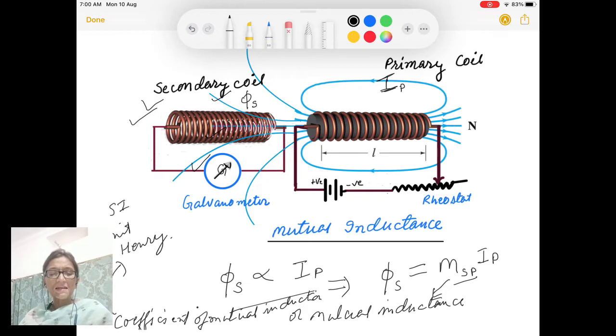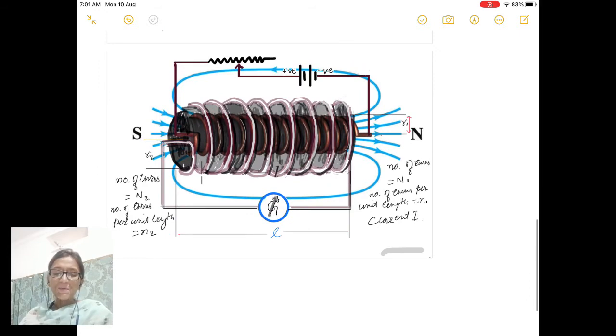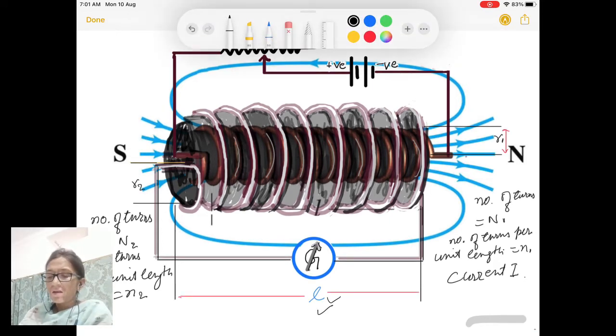So for finding the mutual inductance, we will keep the secondary coil and primary coil together, with the primary coil inside and the secondary coil wrapping it from the outside. So let the length of the two coils be L only, and the radius of the inner coil, which I have taken as primary, is R1.